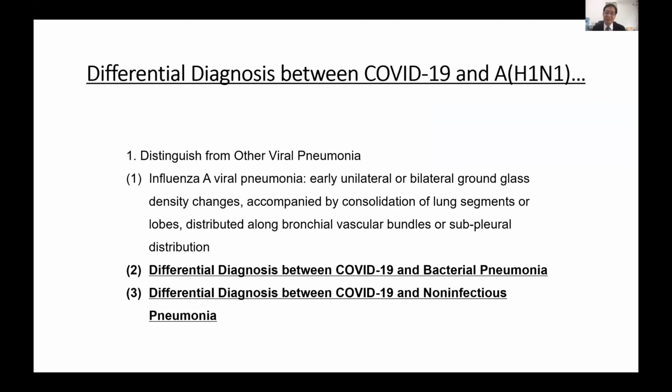Differential diagnosis between COVID-19 and H1N1. Distinction from other viral pneumonia. Influenza A virus pneumonia shows early unilateral or bilateral ground glass density changes, accompanied by consolidation of lung segments and lobes, distributed along bronchovascular bundles, with subpleural distribution.